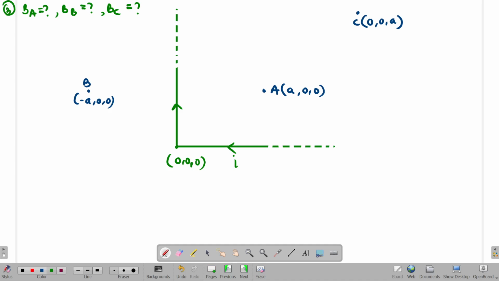Tell me what will be the answer. For A, what will be that? If I see in reality, if you check, A is at distance A from this wire, isn't it?